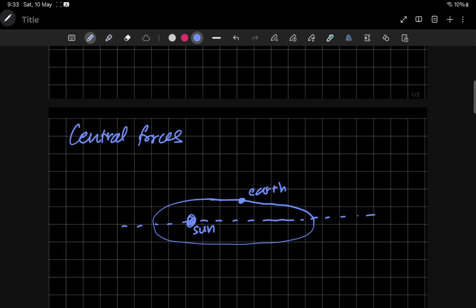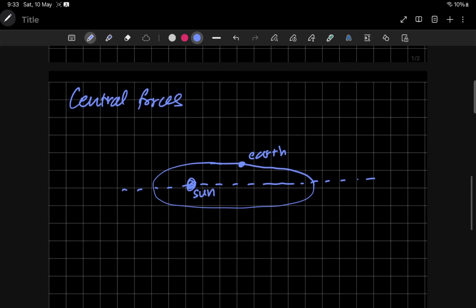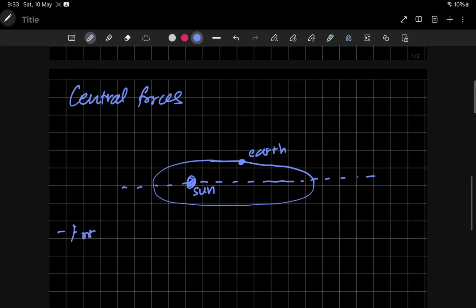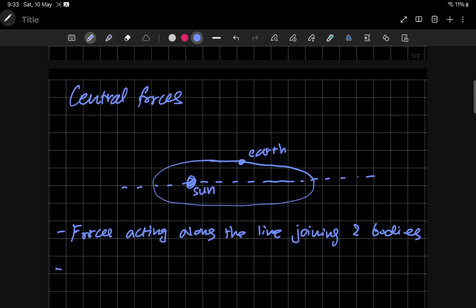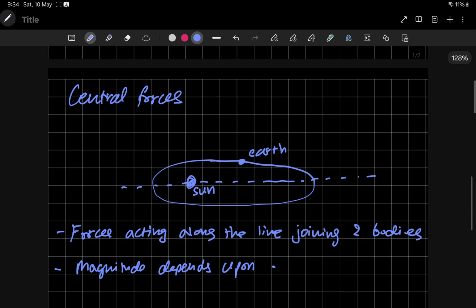It's not a perfect ellipse, and you have Earth in another focus, and basically central forces are forces acting along the line joining two bodies, and their magnitude depends upon the distance between the two bodies, right?